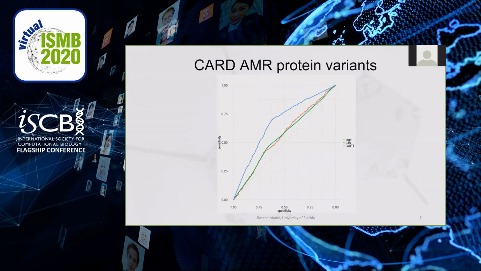We also took these 4 scores, and we used them to construct a classifier to predict susceptibility or resistance.